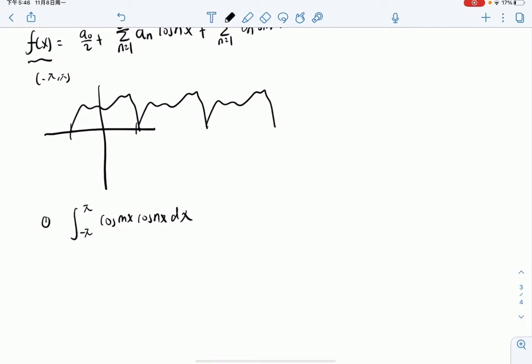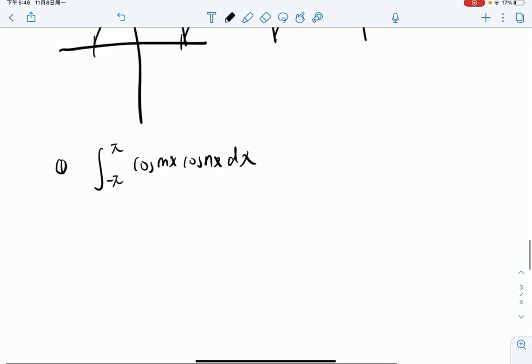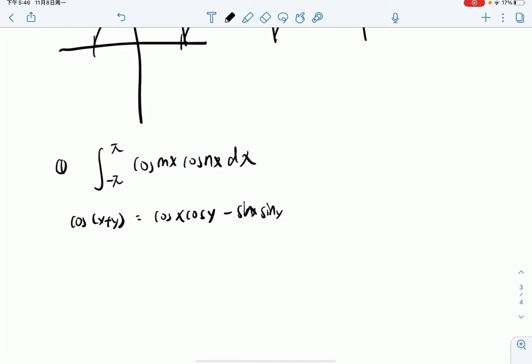We first need to consider this integral, and from the formula of cosine x plus y, this is going to be equal to cosine x cosine y minus sine x sine y. And cosine x minus y is equal to cosine x cosine y plus sine x sine y.